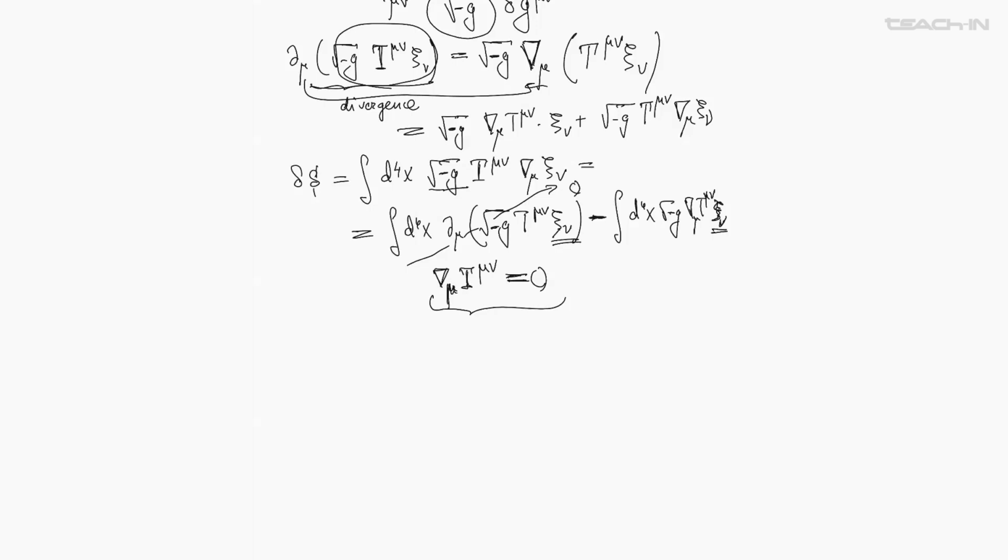But now, if you are on the flat background, if you now make your metric in this expression Minkowski, then the covariant derivative turns into the usual derivative.